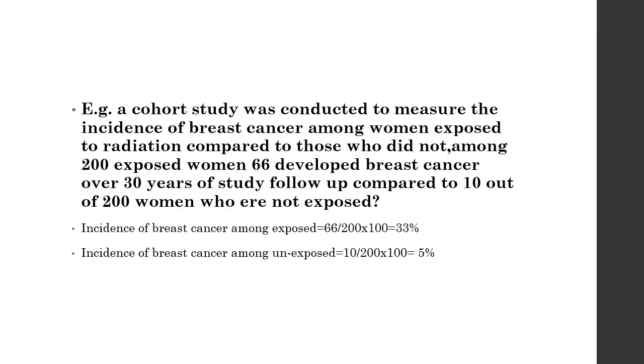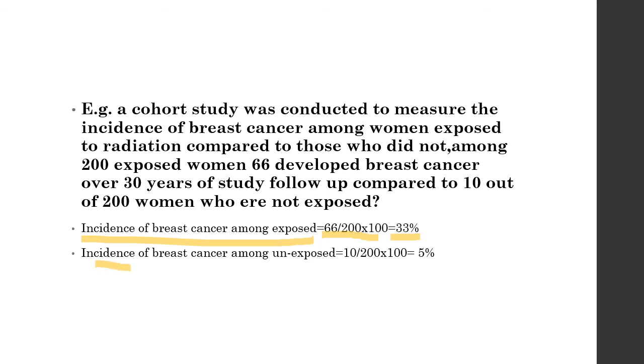So simply, I have repeated the question here. The incidence of breast cancer among the exposed group would be 66 over 200 times 100, and that gives you 33% incidence of new cases.